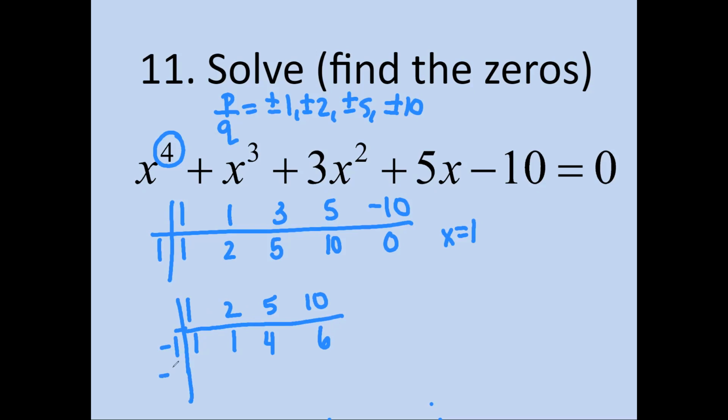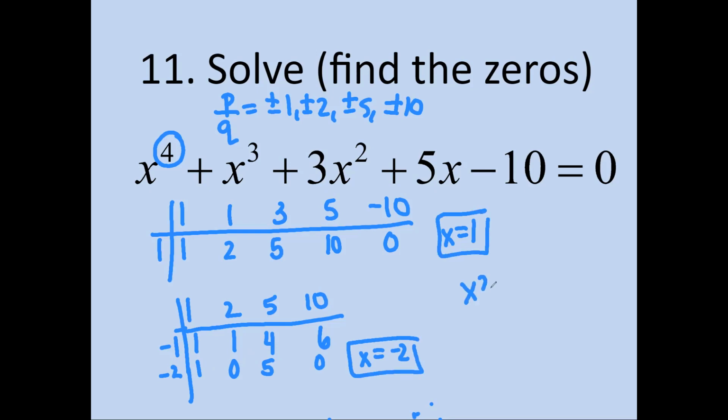Okay, so let's try negative 2. Negative 2 times 1 is negative 2, add it to 2, 0. 0 times negative 2 is 0, add it to 5, 5. 5 times negative 2 is negative 10, plus 10 is 0. So I get x is equal to negative 2, and x is equal to 1.